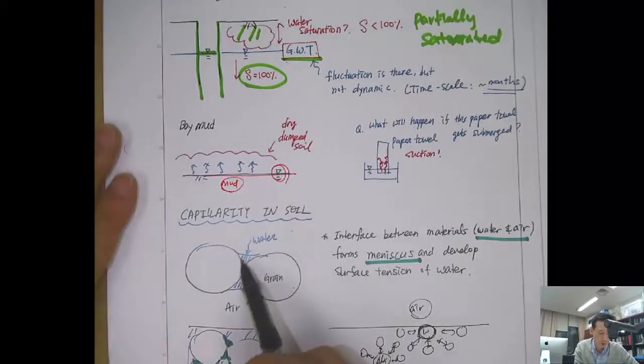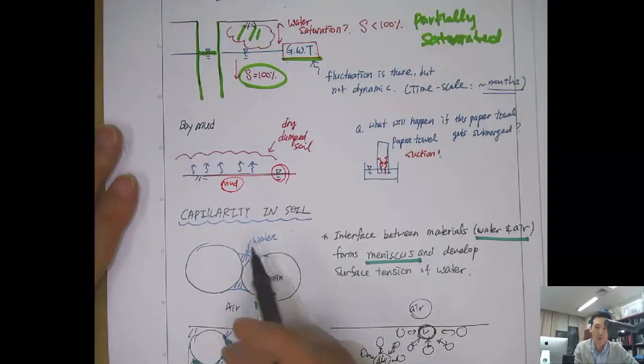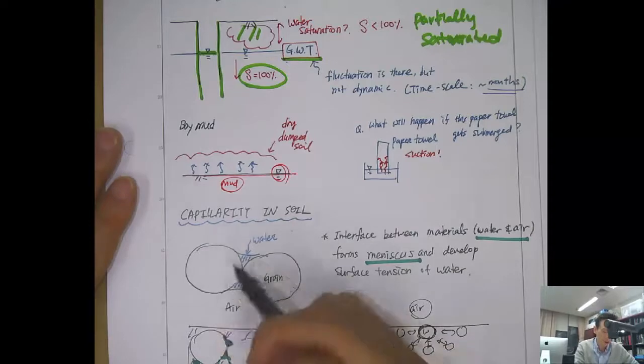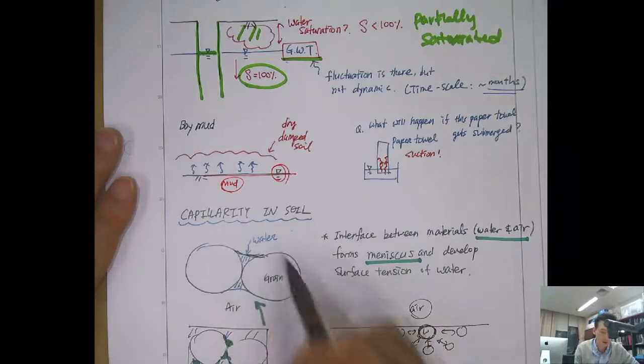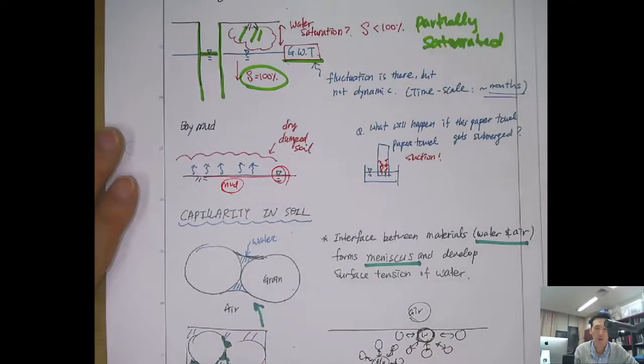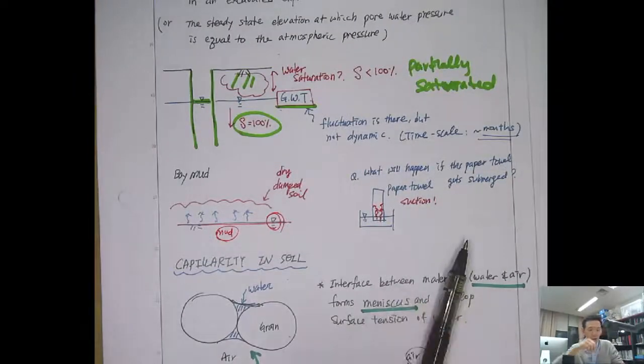The water wants to find the corner, and they will form the meniscus, and this meniscus between the air and water will develop the surface tension. So if you have a paper clip like this, and some grains on here, and you add some water, if the water content is proper, then you can hold the soil grains, whatever the weight, with the surface tension.